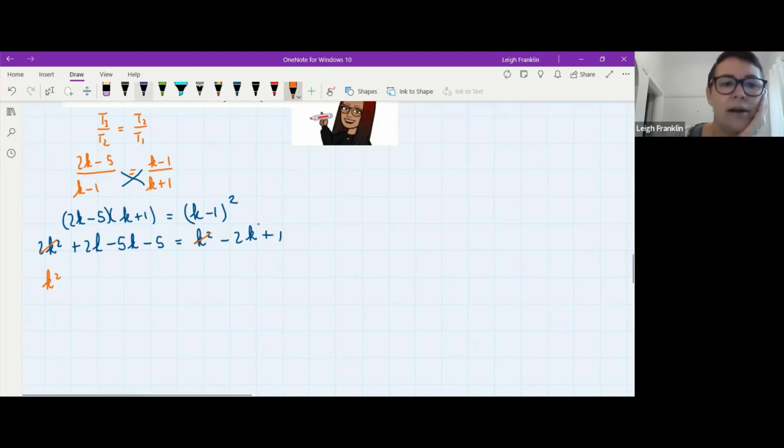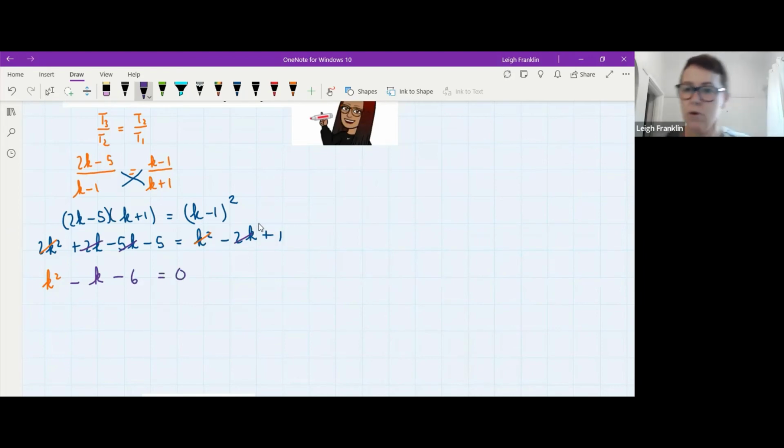Then as far as our K terms are concerned, we've got plus 2 minus 5, which is minus 3, and minus 3 plus 2 is going to leave us with negative 1K, if I'm not mistaken. So that's your K terms taken care of. Now we need to bring the number over. Minus 5 minus 1 is negative 6, and make it equal to 0. In other words, get it into standard form.